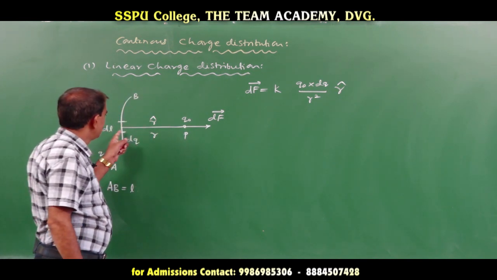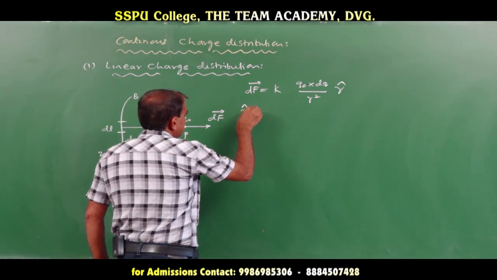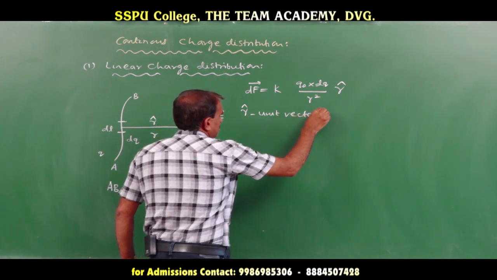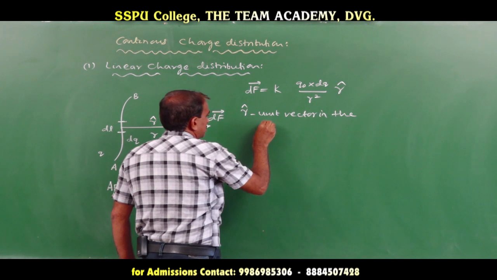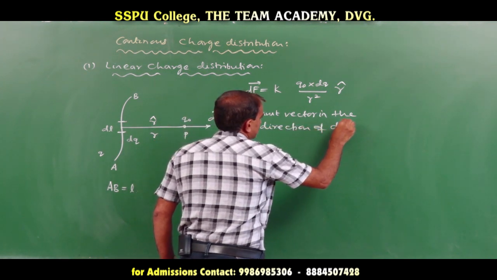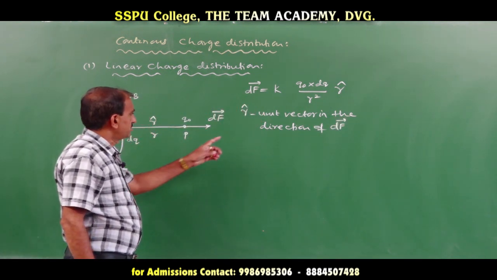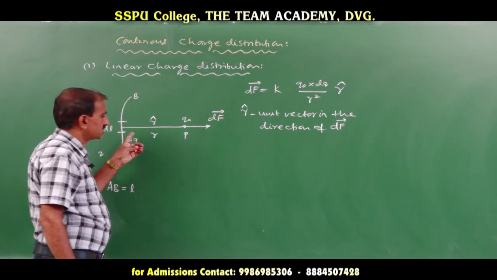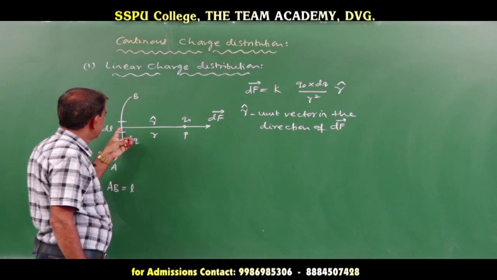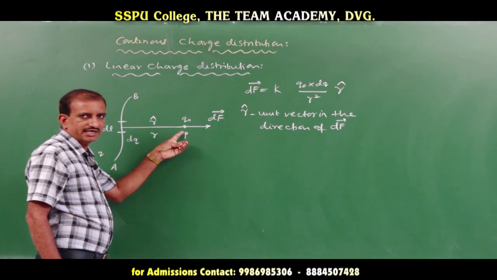It is the unit vector in the direction of the force dF, and it can also be defined as the unit vector from the center of the element dl to the point P.